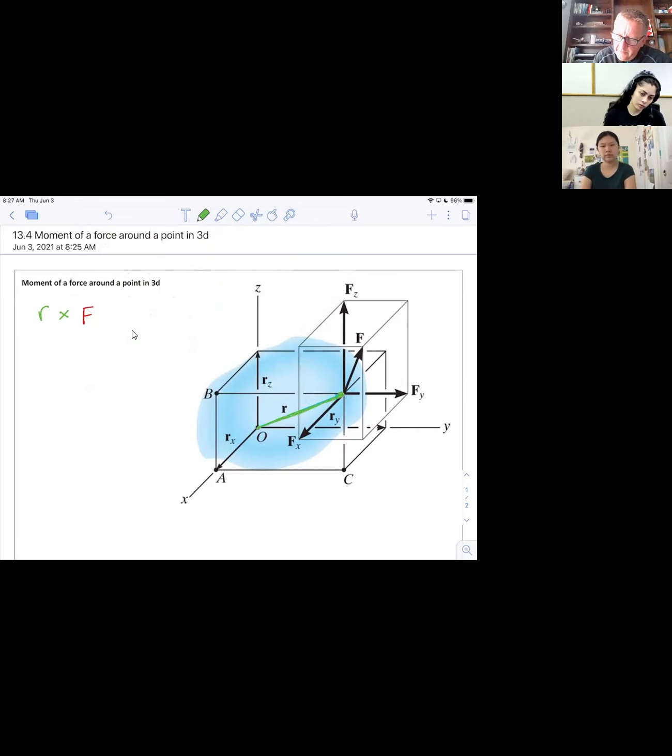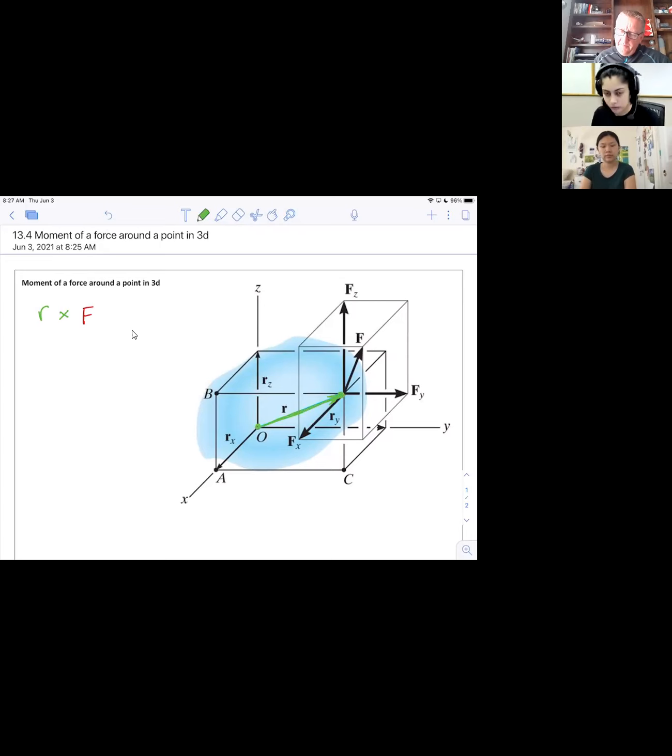There's your radius. Can you tell from the picture that to get from the tail at 0, 0, 0 to the head of it where the arrow is, it's positive X, positive Y, positive Z?